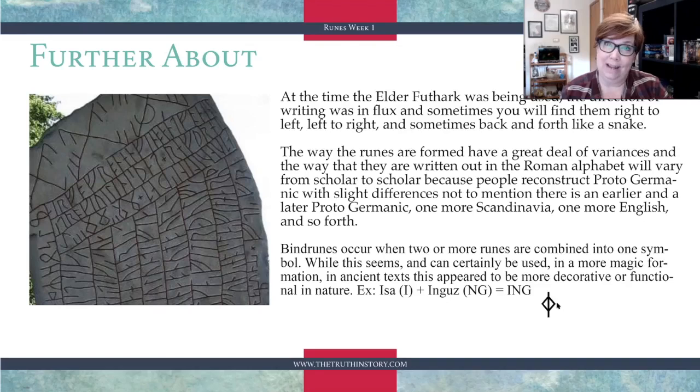You could also start with a bind rune and then pull them apart, in terms of magic usage. We're going to talk about those more in the last class versus now, but I did want to mention it because people often ask what a bind rune is. It is just a combination to create a sigil, to create a magic working.